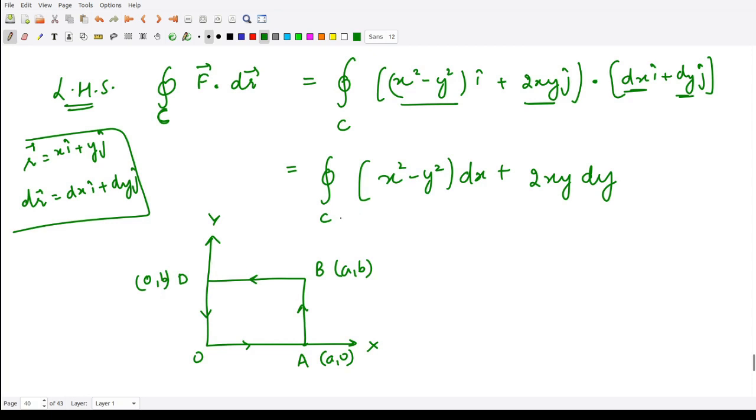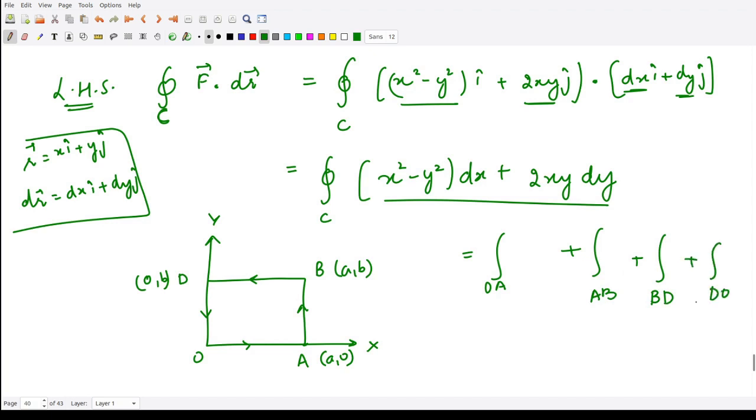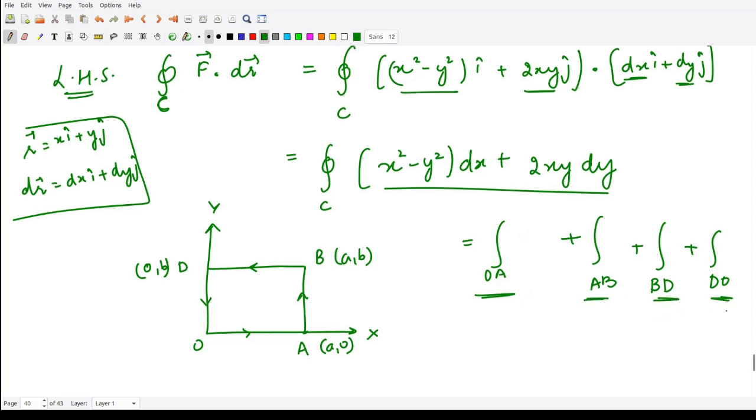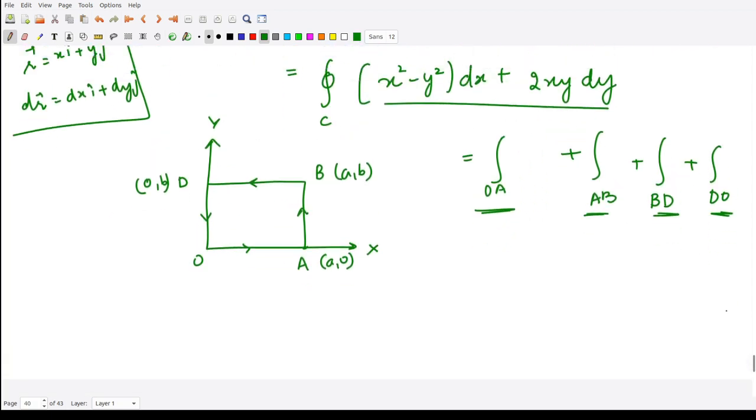So this integral becomes equal to the integration over the path OA of this quantity, plus the integration over the path AB, plus the integration over the path BD, and then the integration over the path DO, right? So we have to see what are these paths first of all, and what are the limits and the values of different variables along different paths.